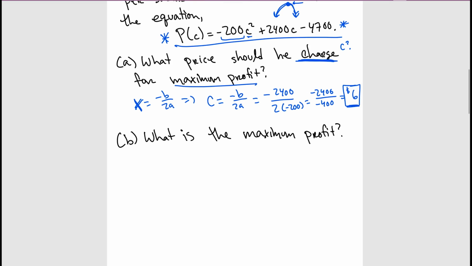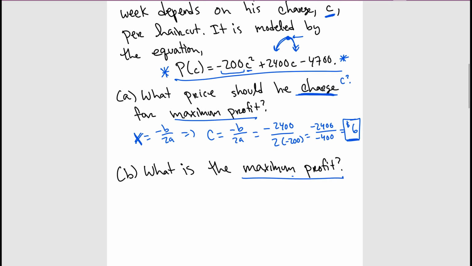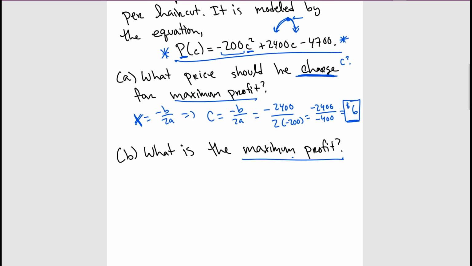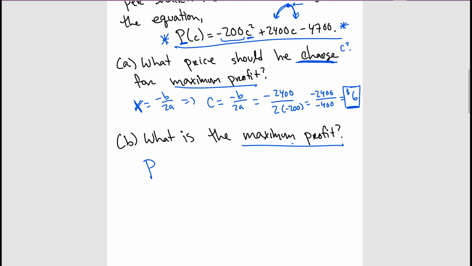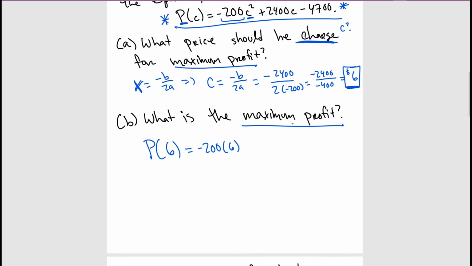Now the next thing is, what is the maximum profit? If C was the original X value, my profit is now my Y value. To achieve my maximum profit, I'm going to plug in the 6. So if 6 is the charge that maximizes profit, I get negative 200 times 6 squared plus 2400 times 6 minus 4700.